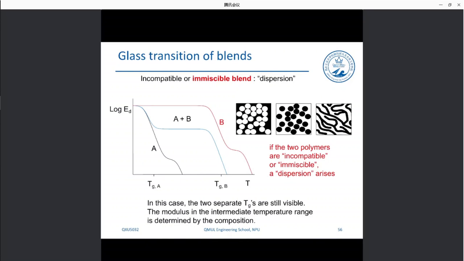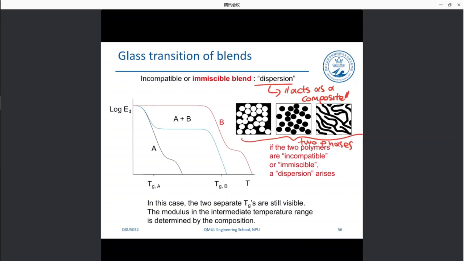However, there is the situation where we don't have miscible blends. Okay, there is the immiscible blend. So in this case, we have a dispersion, or the blend acts as a kind of composite. So you can see that there are two phases in the blended polymer.